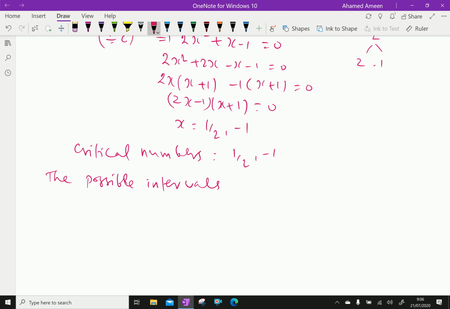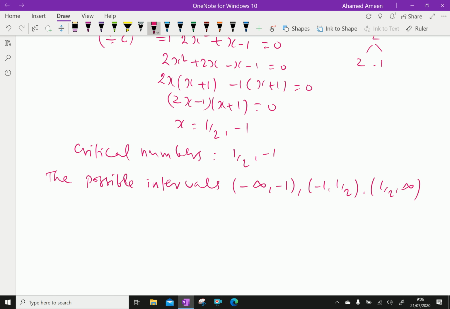Because it's a polynomial function, the possible intervals are minus infinity to minus 1, minus 1 to half, and half to positive infinity.